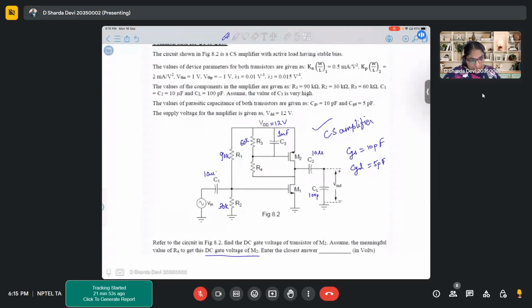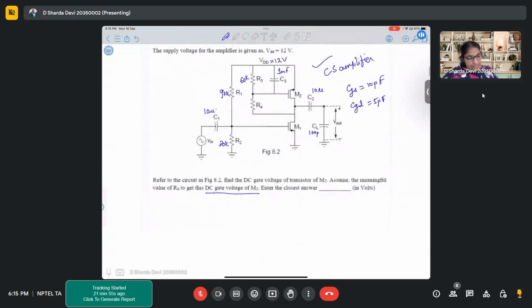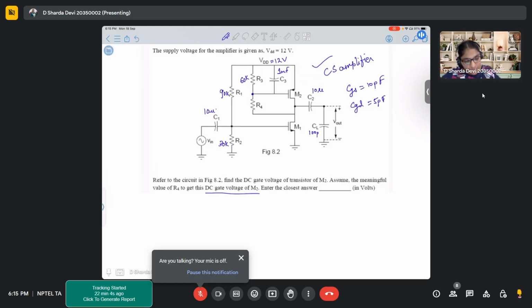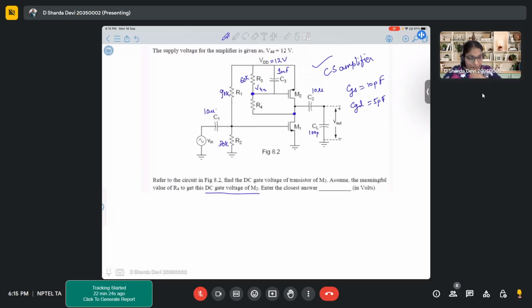Now, what I am saying is, it says that you have to find the DC gate voltage for transistor N2. To find the DC gate voltage, we need to know this node voltage, so that we can simply apply the voltage division rule and get the value for this particular gate voltage VG2. But unfortunately, R4 is not given.